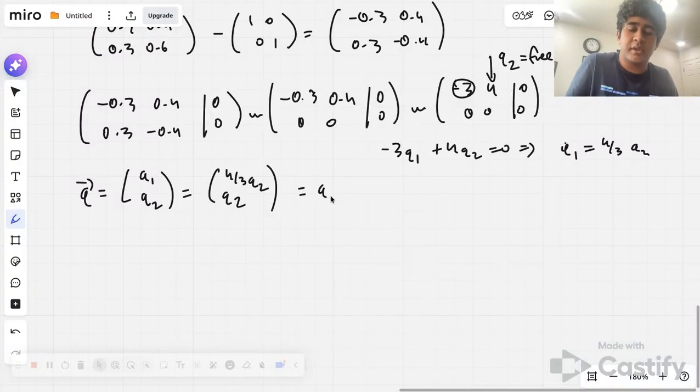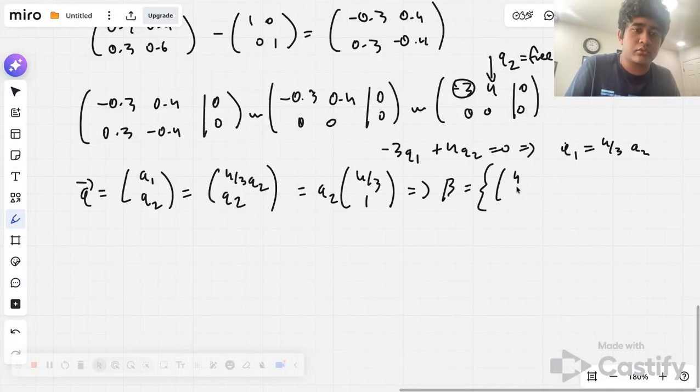And this gives us a basis for the null space of 4/3, 1, and we can just write this basis as 4, 3.